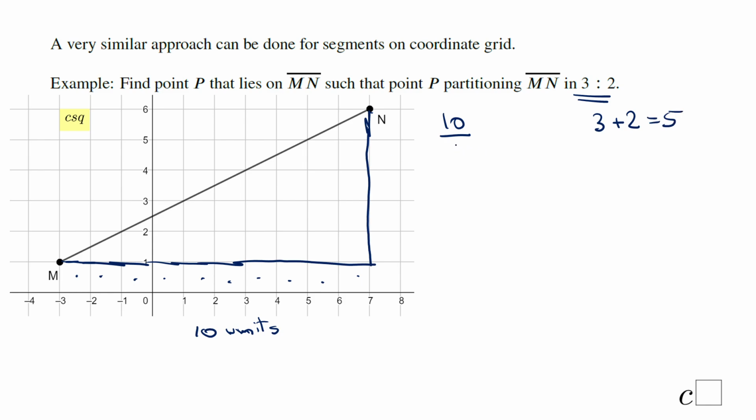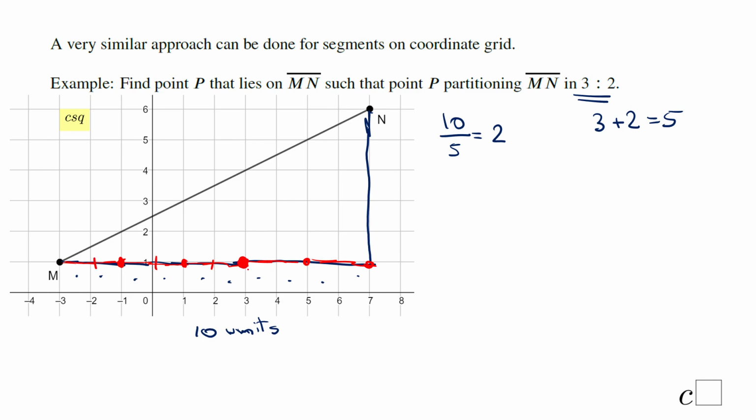The same as the previous problem, so I kind of did an easy example here, right? Again, now we're going to get that 2, and we're going to move from point M by 2, 2, 2, 2. If you notice, now we have 5 pieces on this horizontal line: 1, 2, 3, 4, 5. So which one is the point that is 3 congruent segments away from M? 1, 2, 3.